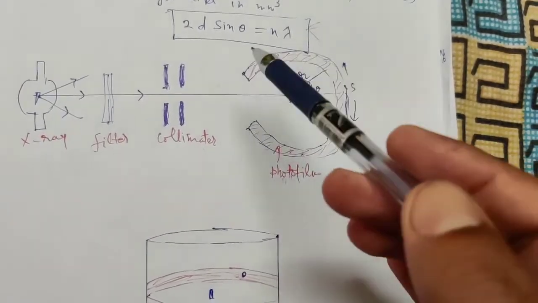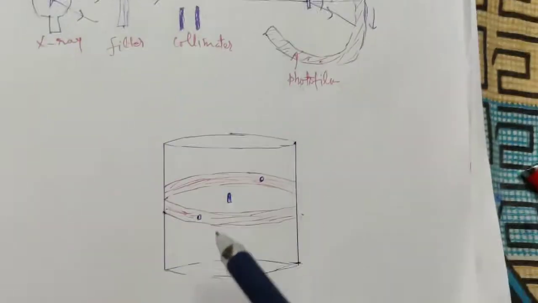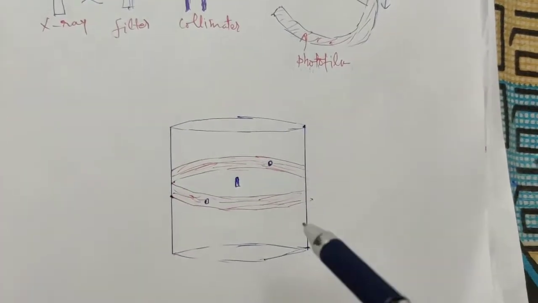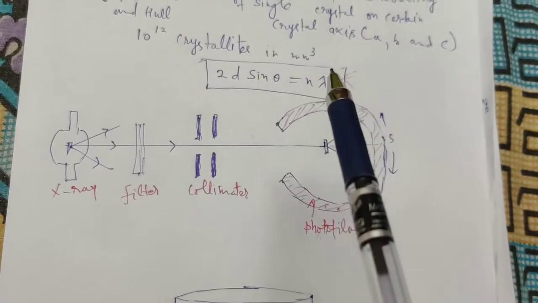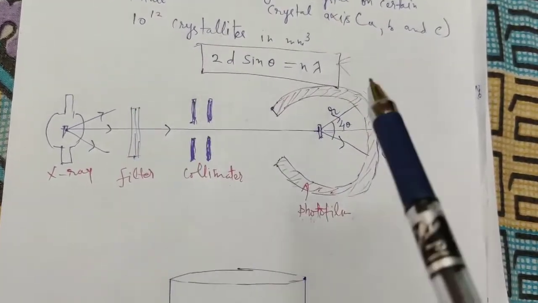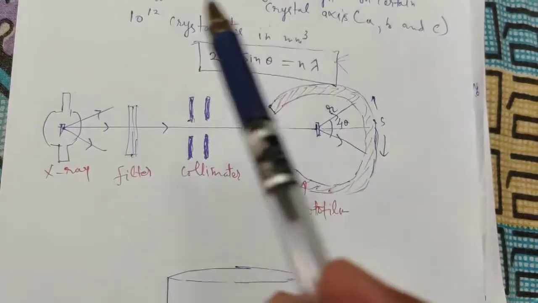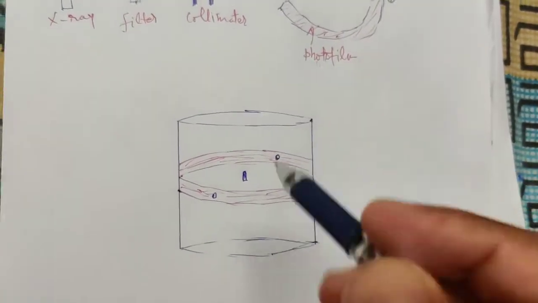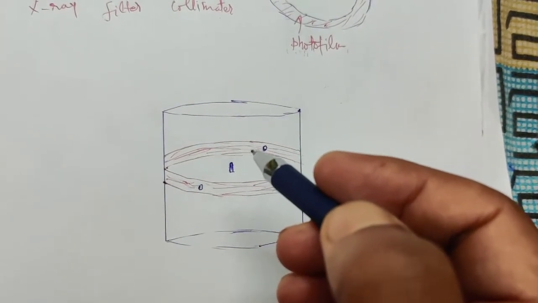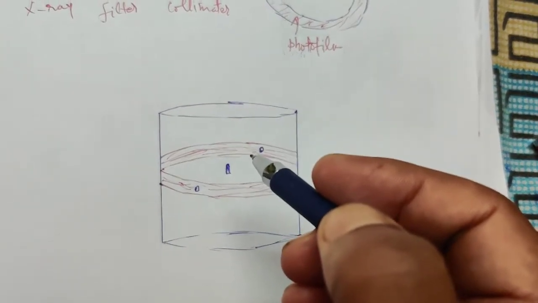This is the overview of the Debye-Scherrer camera. The photofilm is very small. Since there are so many crystallites, there are so many Bragg planes, and the diffraction pattern will be composed of very many planes. These diffraction patterns will lie on the surface of a cone.